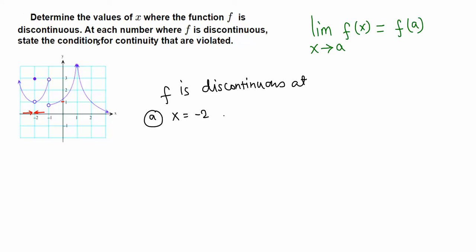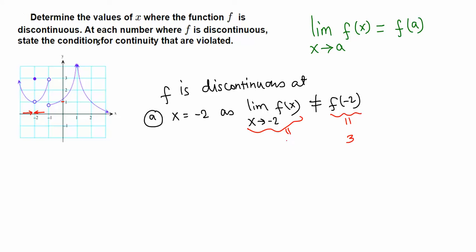The limit of the function as x approaches -2 is not equal to the function value at -2. In fact, the function value is 3 and the limit value is 1. That's the first point where the function is discontinuous.